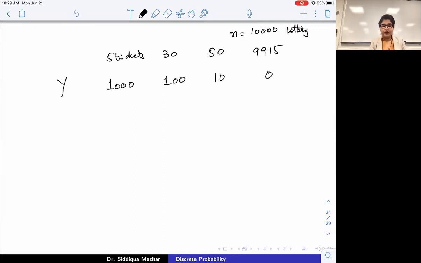Now, how do you find the probabilities for each of these outcomes? These are the tickets, N1, N2, N3, and N4.